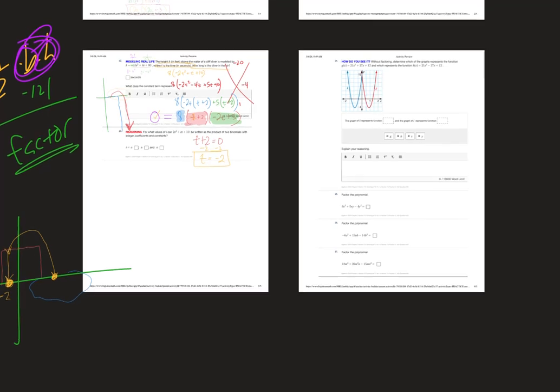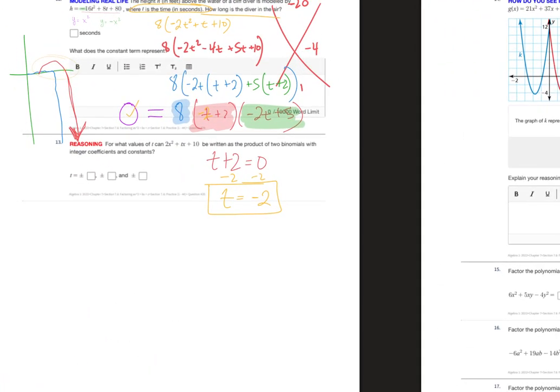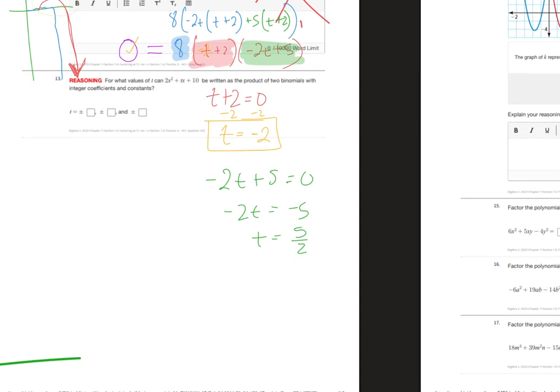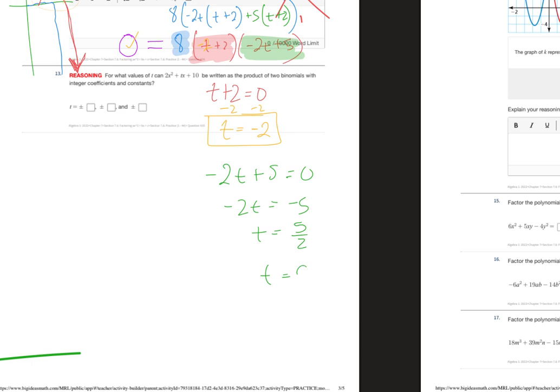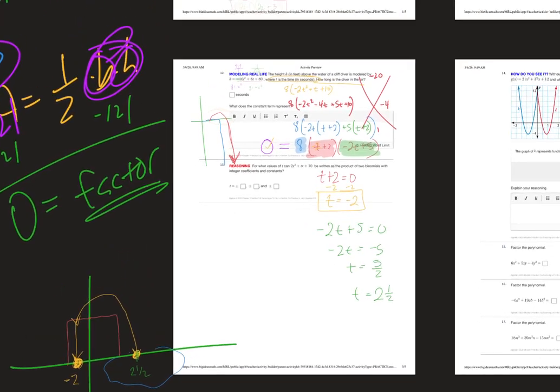So, back to this. Let's take the green one. Negative 2t plus 5 equals 0. We subtract 5. We divide by negative 2, and we get 5 over 2, positive, or 2.5, right? So basically right here is 2.5. So he was in the air for 2.5 seconds.